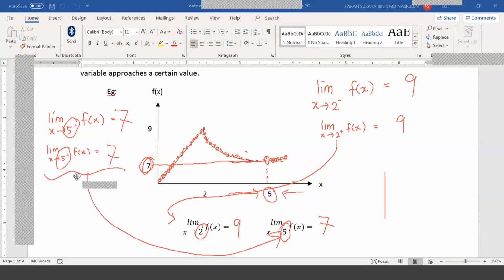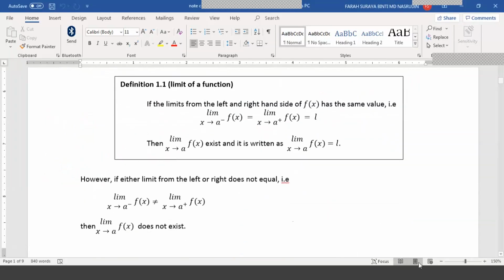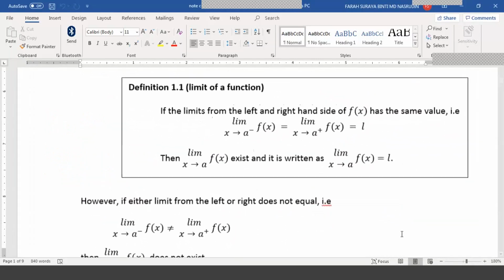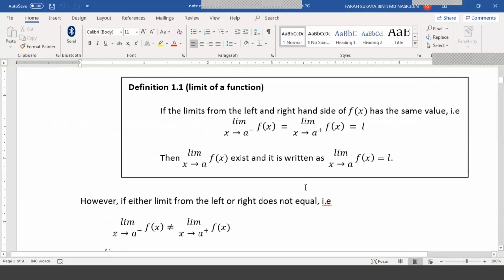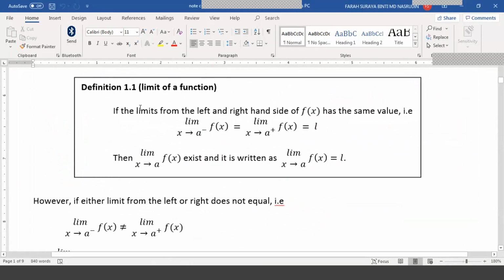Itu adalah daripada ada satu teorem kat bawah ni. Sekejap, macam mana saya nak stop ni. Okay. Dia adalah daripada definition ni. Okay. Dia kata if the limits from the left and from the right side of f of x has the same value macam tadi.